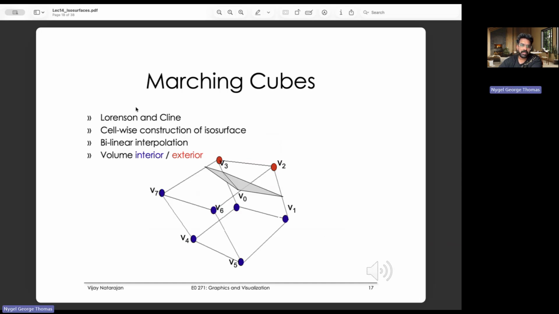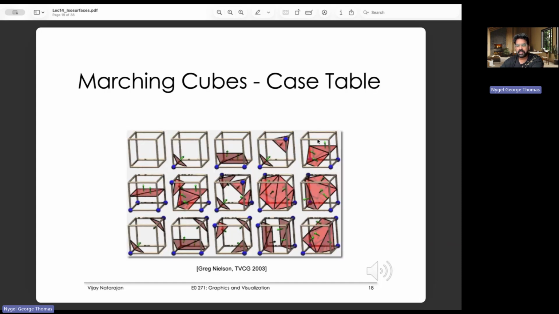In the marching cube algorithm, there's a cell-wise construction of the isosurface, and you use bilinear interpolation to find the values. The blue values are in the interior, and the red values are in the exterior of the isosurface. Similar to the previous case, here we have 256 cases, but after considering symmetry, you have 15 cases.